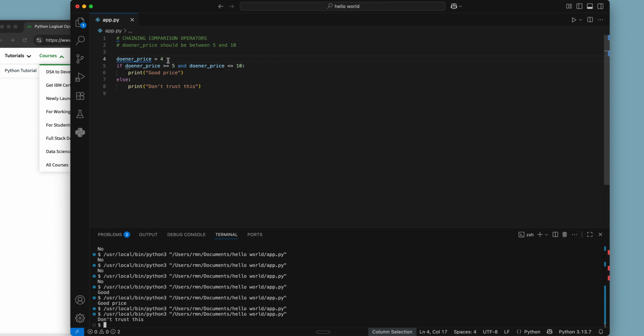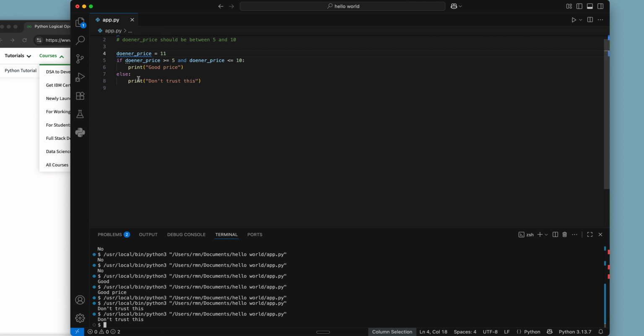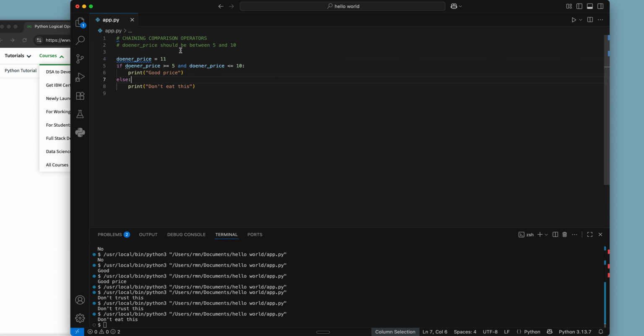Don't trust this, okay. And if I do 11, yeah, don't eat this. An 11 euro Döner you could probably trust, but you should not eat it because it's just ridiculous. Unless you're in Zurich, of course, then it's a steal.